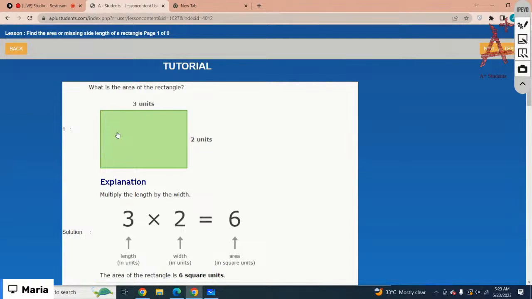So whenever you have to calculate the area of the rectangle, you just have to do length times width. Got it? The length of the given rectangle is 3 and the width is 2, so it would be 3 times 2 equals 6. Let's just start with the test questions.